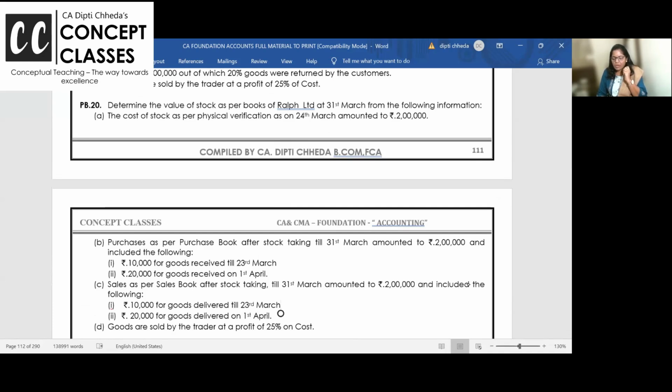Cost of stock as per physical verification. Okay. Now stock is given as per the physical verification, not as per the books. You all know books and physical verification. What is the difference in the stock? In physical verification, some stock may be there which is received, but the purchase bill has not come yet. So in books it's not there, but in the godown it has come.